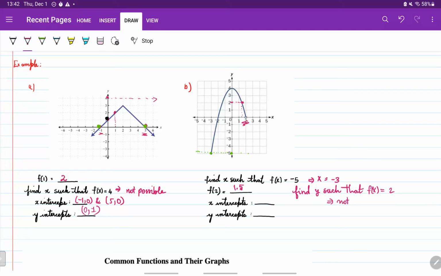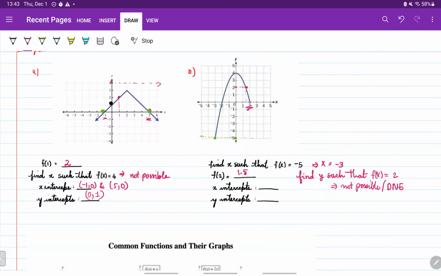An open circle means that there's no y value that exists at that x value for this function. This is not possible, or there's no value, it does not exist. You could also say DNE, which means does not exist.